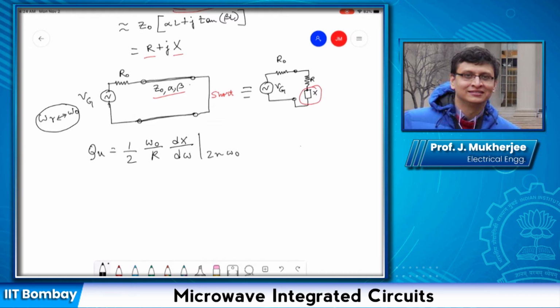Now this then becomes equal to, now I use the formula for omega as this formula, where vp is the phase velocity.